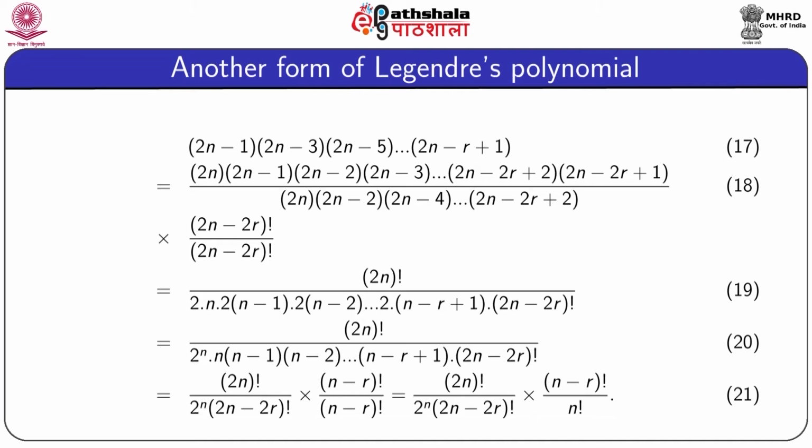If we simplify this, we get expression number 23, which is 2n factorial divided by 2 to the power n into 2n minus 2r factorial multiplied by n minus r factorial into n minus r factorial. And after much simplification, we obtain expression number 24, which is 2n factorial divided by 2 to the power n into 2n minus 2r factorial into n minus r factorial by n factorial.